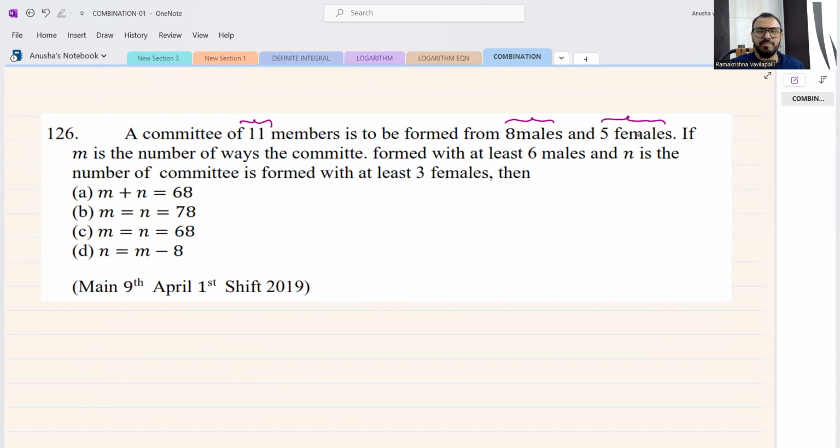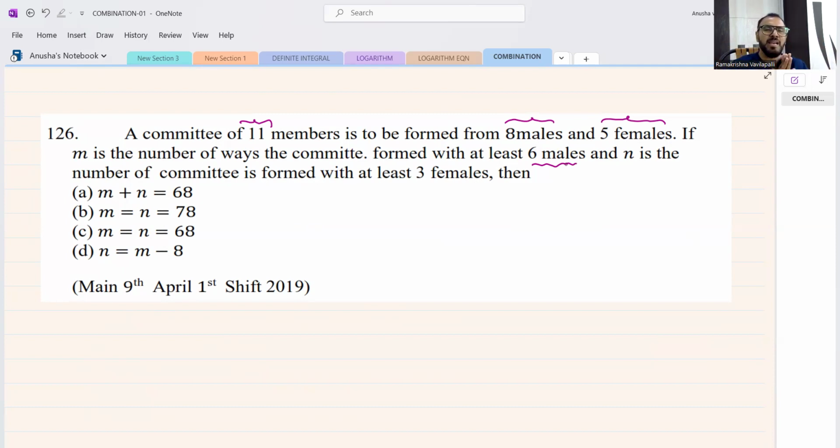There is a restriction. If M is the number of ways of the committee formed with at least 6 males, and N is the number of committees formed with at least 3 females. Okay, we'll calculate this using a table.